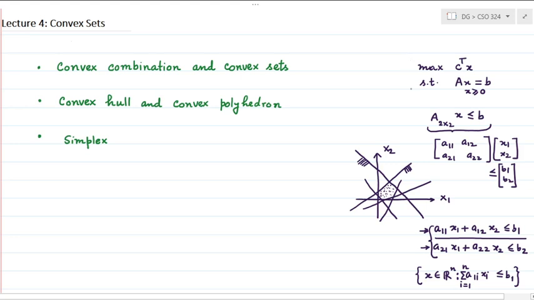This is the standard form, and you all know this AX equal to B comes from certain inequalities where you incorporate slack variables and surplus variables, and then you get this equality region.